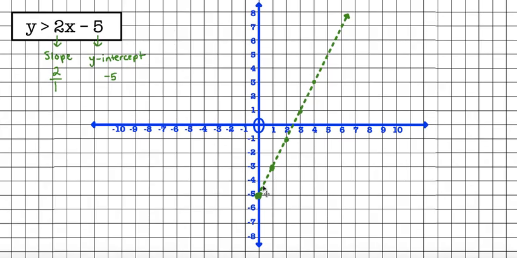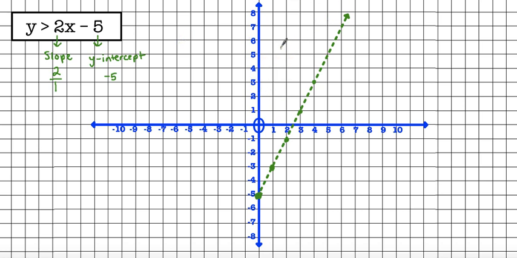Because we have y is greater than 2x minus 5, we're going to have to shade either above or below the line. Because it's greater than, we're going to shade above the line. But an easy way to tell if we're shading the right section is to pick a coordinate.